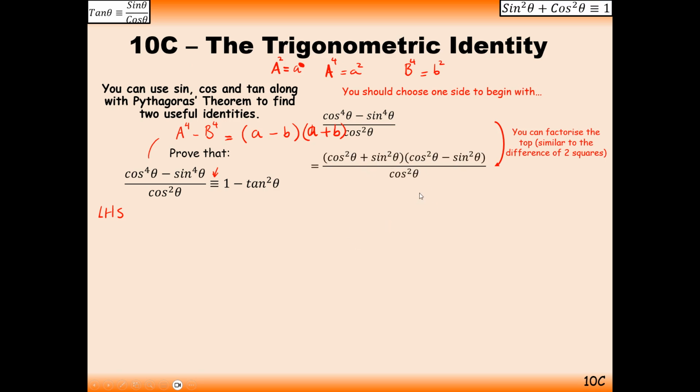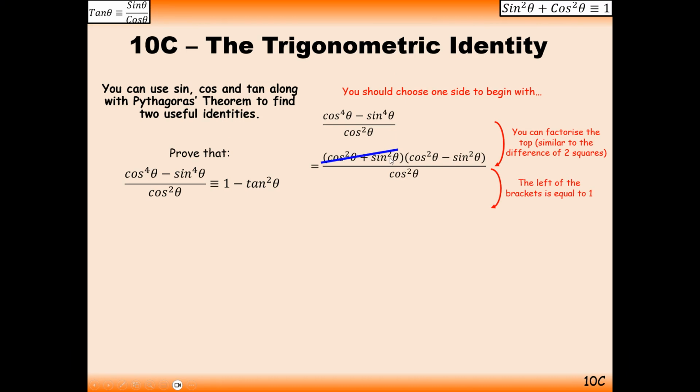Okay. So then you say what's cos square plus sine square? It's going to be 1. Alright. So that very first bracket cancels away to 1. 1 times the second bracket, still the same second bracket, right? Now you might be enticed to go ahead and factorize this again, but I wouldn't because I've done it before and it doesn't work out. So difference of those two squares doesn't work there.